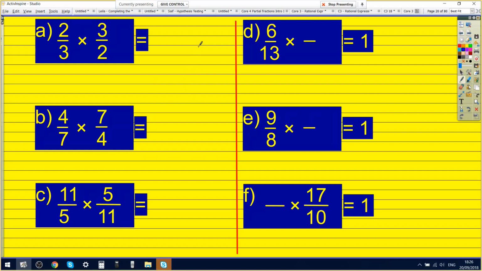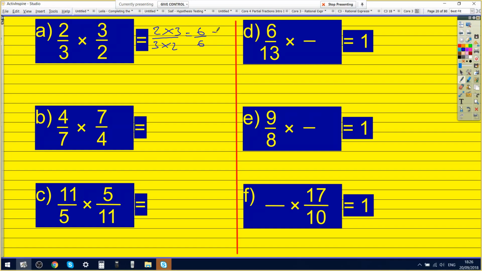So... Would it be 3 over 3 for the first one? So it's like 2 times 3 over 3 times 2, you just multiply across. What do you get? 6/6.